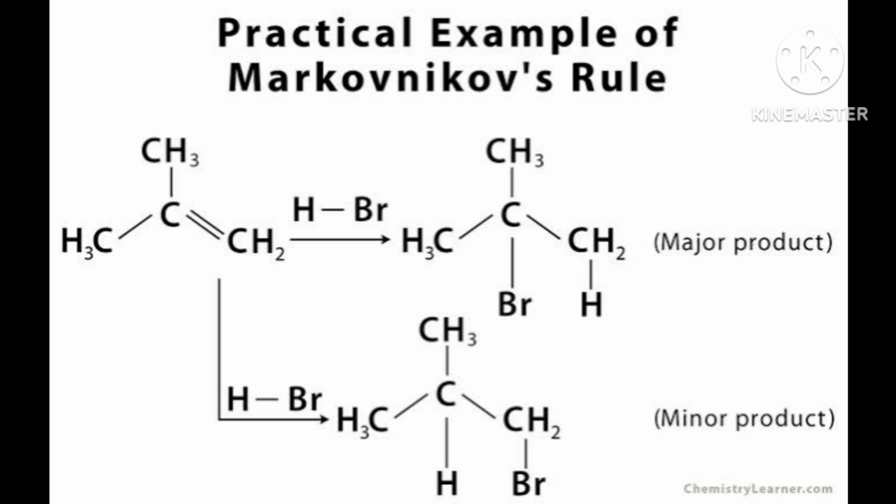Now the reaction is going on with HBr, that means propene plus HBr. Then there are two possibilities; you can get two types of product. Here in HBr, Br is negatively charged and H is positively charged. When it breaks, it forms H plus and Br minus.